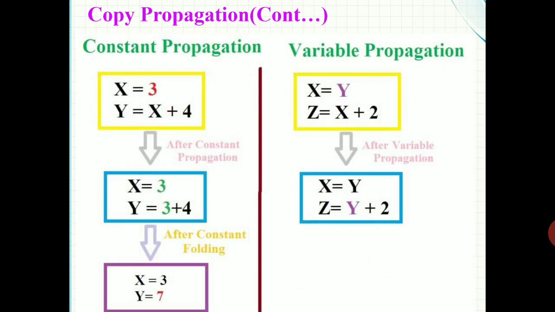If we consider the first example, constant propagation, here x equal to 3 is the first statement, and y equal to x plus 4 is another statement. The value of x can be propagated to the usage of x. That is, x equal to 3 can be substituted at the usage of x.